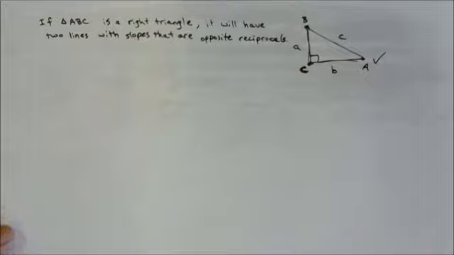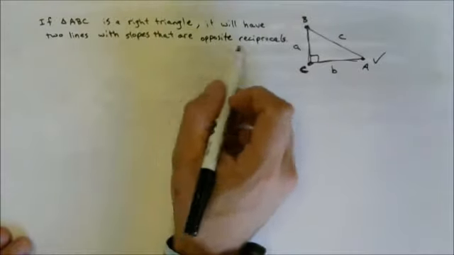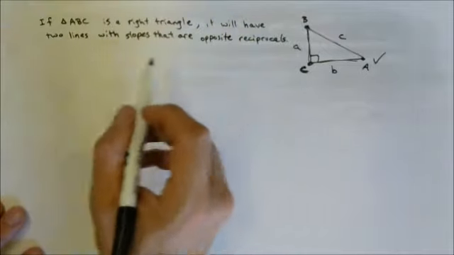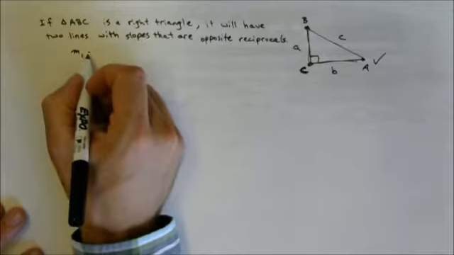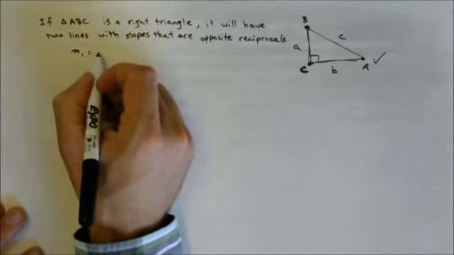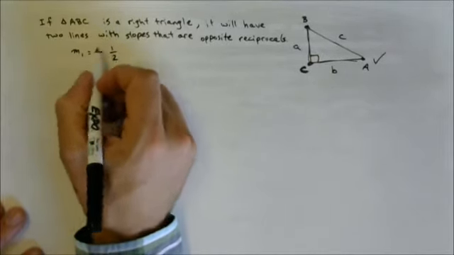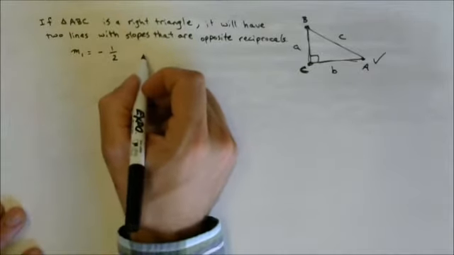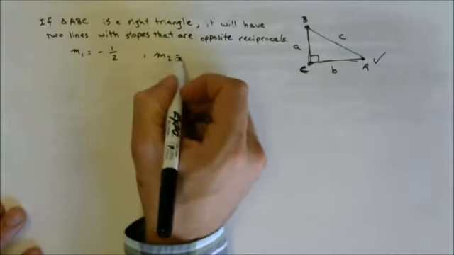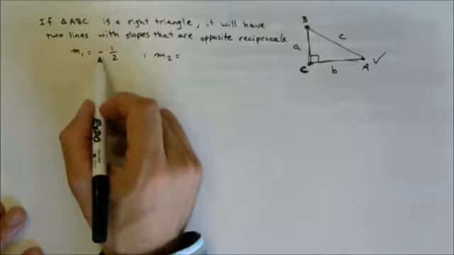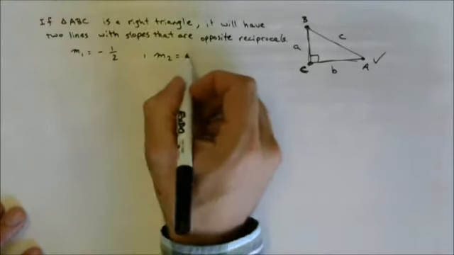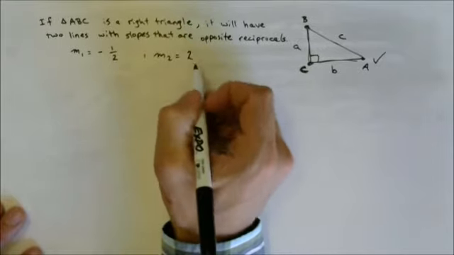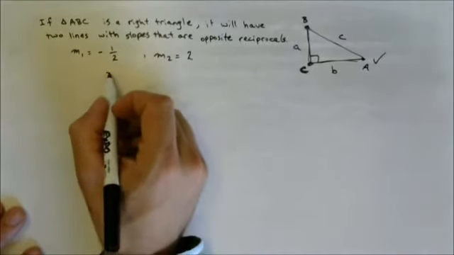I'm going to briefly give you the explanation of opposite reciprocal. So far all I've taught you is this. If I say M1 equals, let's say negative 1/2, this is just an example, you don't need to write this necessarily. Then M2 is the opposite, so it'll be not negative, and a reciprocal, which means you flip the fraction: positive 2. Now look at what that means.